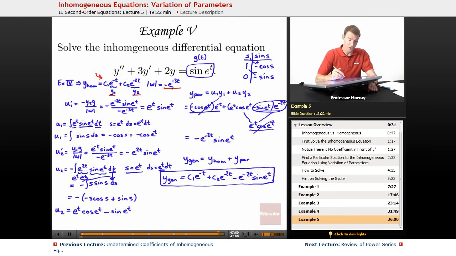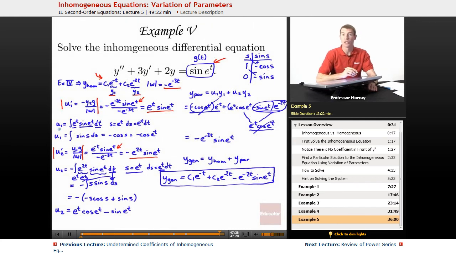And then we use our formulas for u1 prime and u2 prime in terms of y1, y2 and the Wronskian matrix. And also there's a g in there, and we get the g from the right-hand side of the original differential equation. That's where that g comes from, here and here. We simplify those down. That gives us u1 prime and u2 prime.